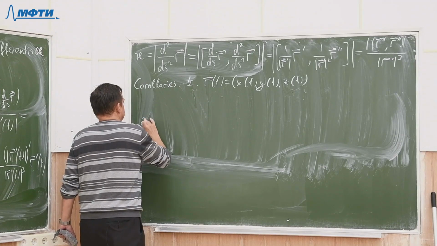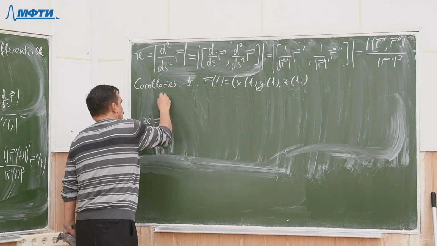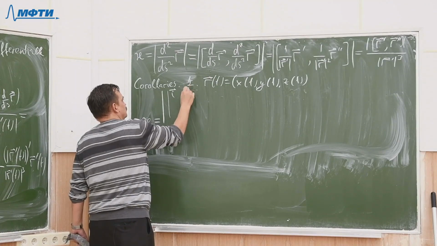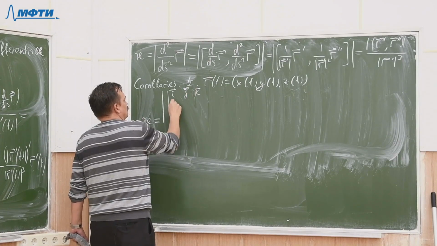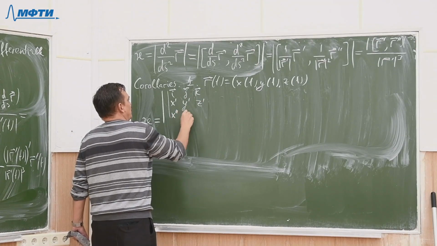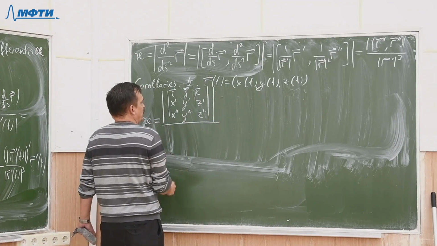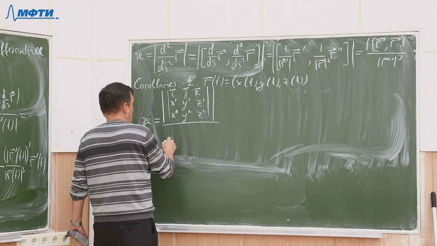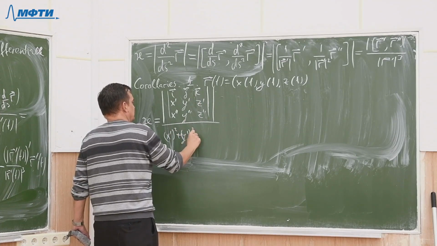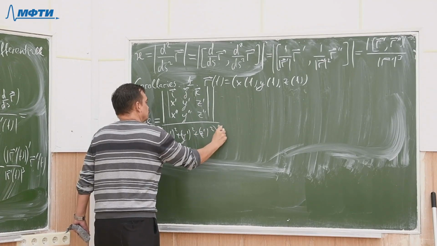Curvature is equal to the length of the vector with rows i, j, k, x prime, y prime, z prime, x double prime, y double prime, z double prime, over x prime squared plus y prime squared plus z prime squared to the power 3 over 2.